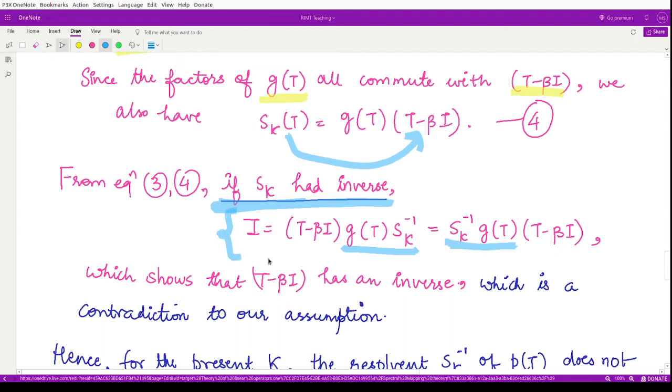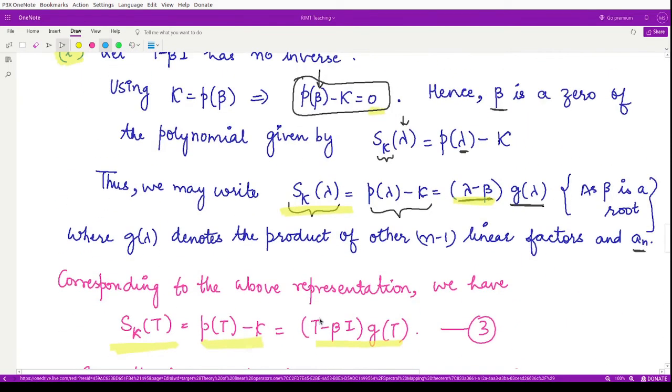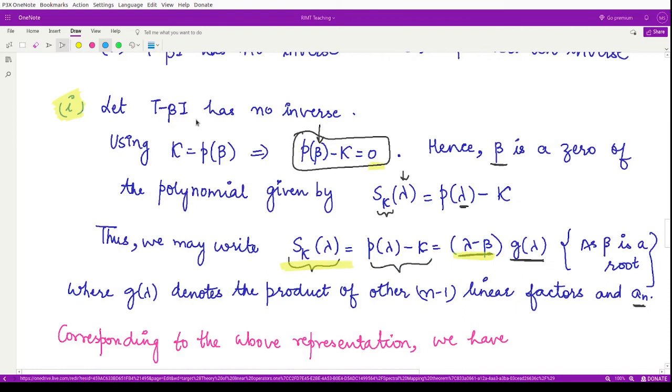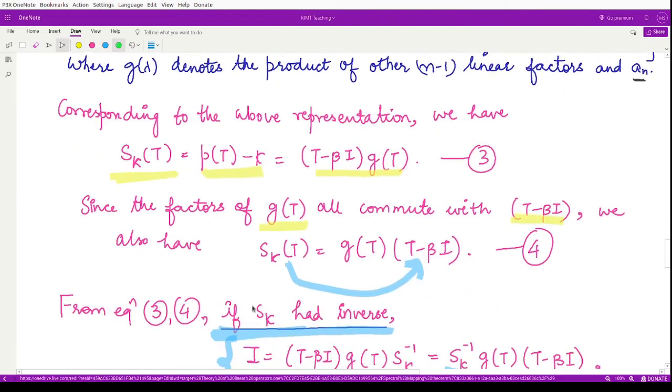Now this part, showing T minus beta I to have an inverse, is a contradiction to our assumption, because in this case we have assumed T minus beta I has no inverse. Therefore our assumption that S_kappa inverse exists is incorrect.